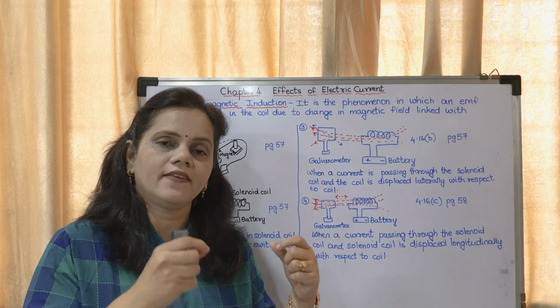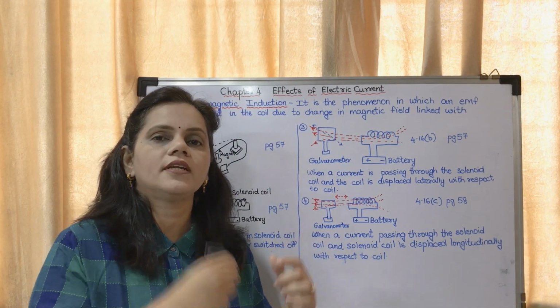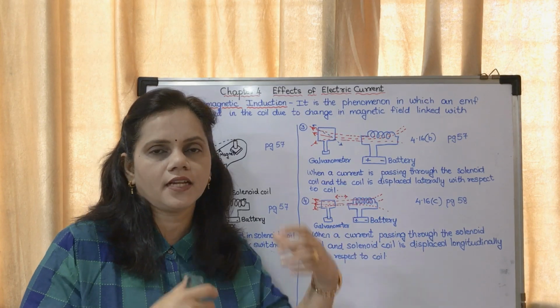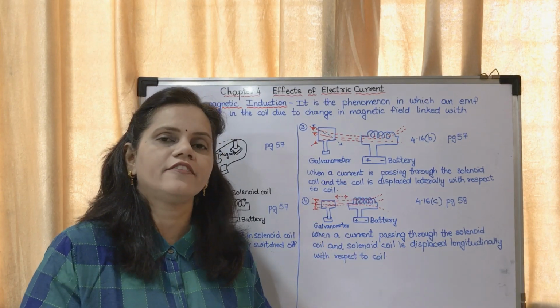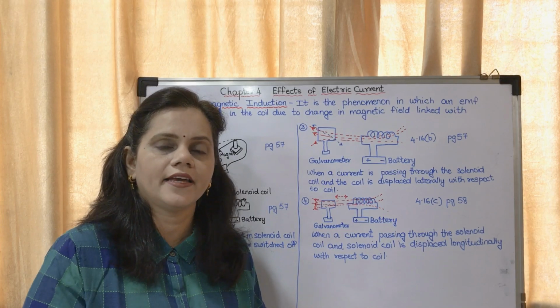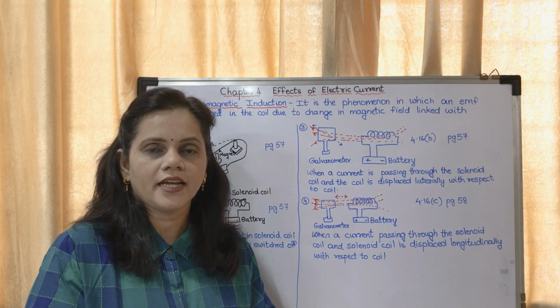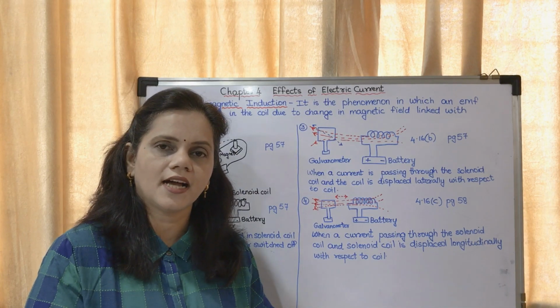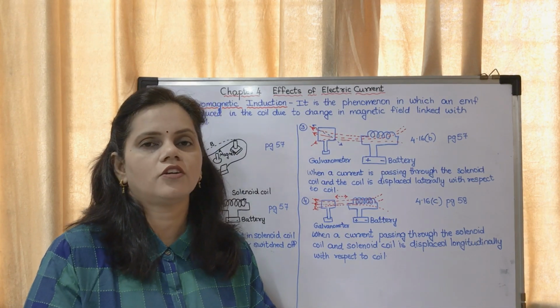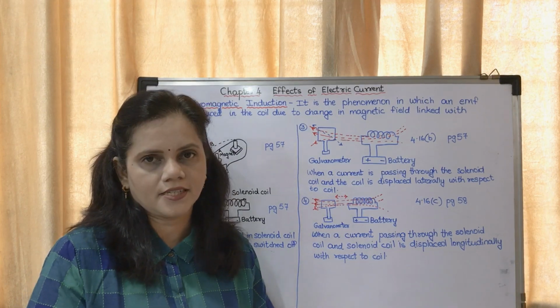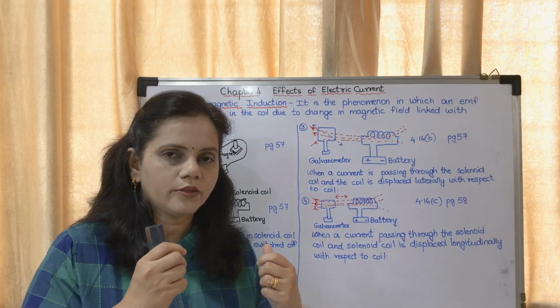But if you take the wire and make it move in a magnetic field, okay, you will keep two magnets on both sides, one north pole, one south pole, and if you move the wire, then the electrons start moving. Okay, then the electrons in that wire start moving. This was found out by Michael Faraday. I told you in simple words.